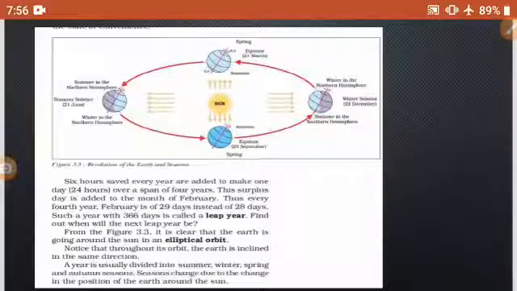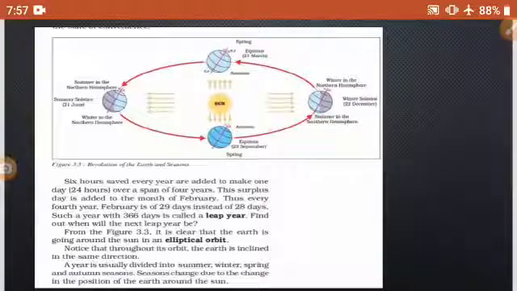So, children, the remaining 6 hours of every year are added to the month of February every fourth year. Every 3 years it will have 28 days, but on the fourth year it will have 29 days. So this year when the month of February has 29 days is called a leap year, and the year is of 366 days.